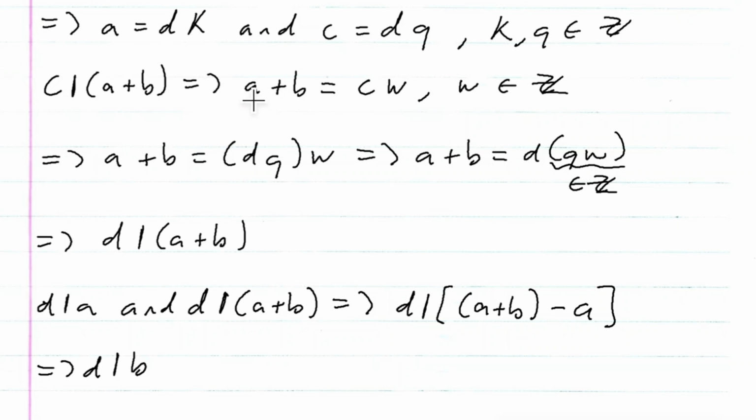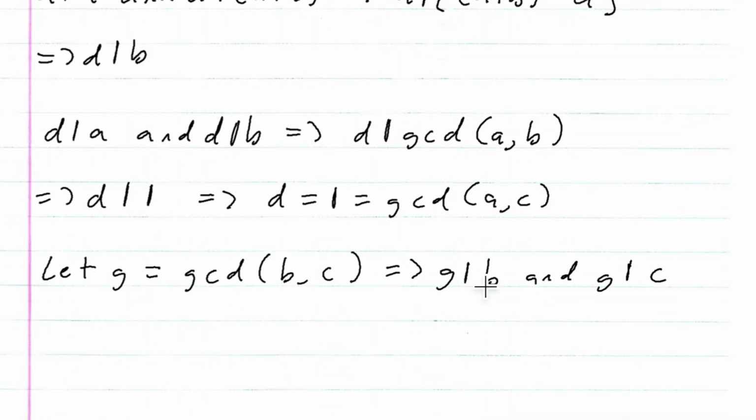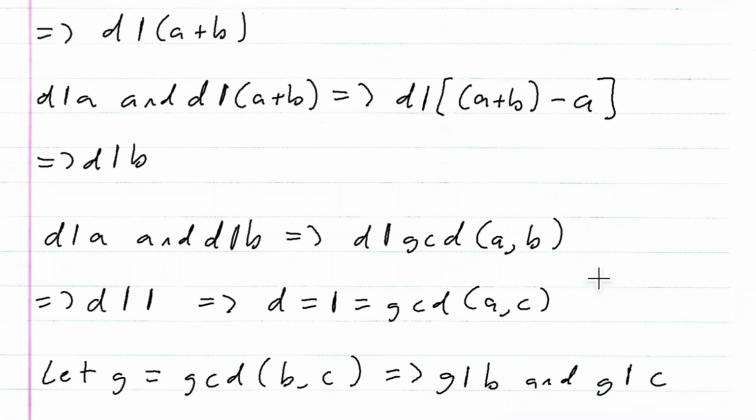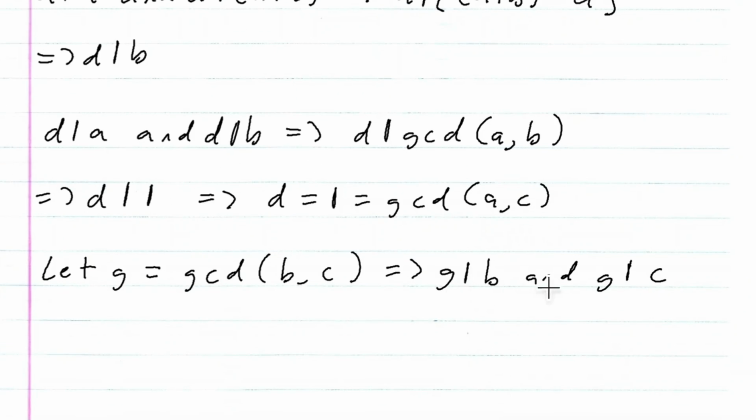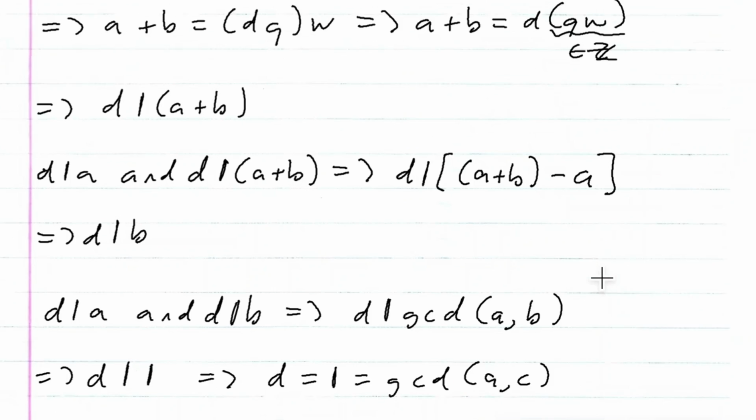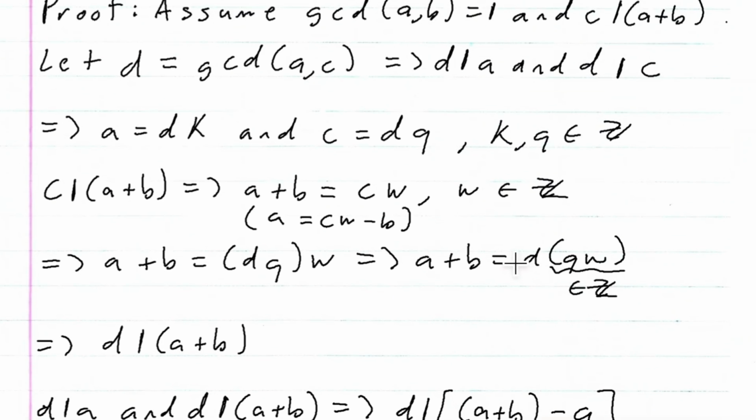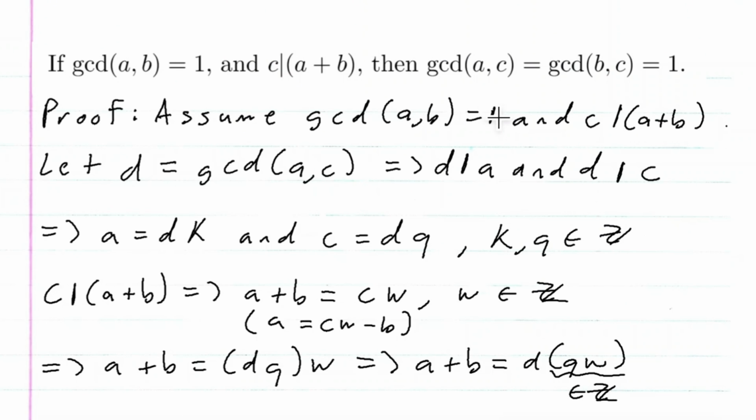I know from this equation that A must be equal to CW minus B. What I want is G divides B and G divides A, and if I can get that, that means G divides the GCD of A and B, and of course that means G divides 1, and then G must be equal to 1, or the GCD of B and C equal to 1.